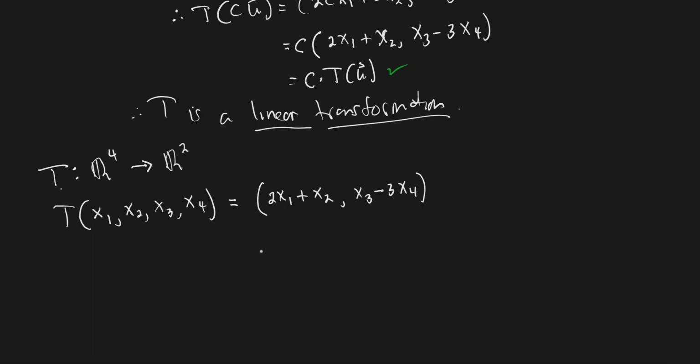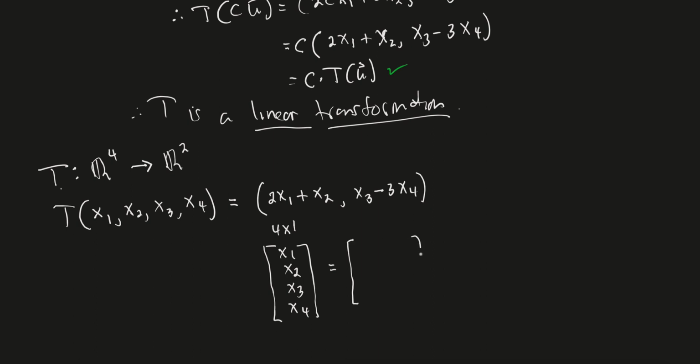So this is what I'm going to do. I'm going to write it as a column. And then this would be my 4x1 column. And what I would like to be able to do is to find a matrix that when I multiply this column, it will give me this other column over here.